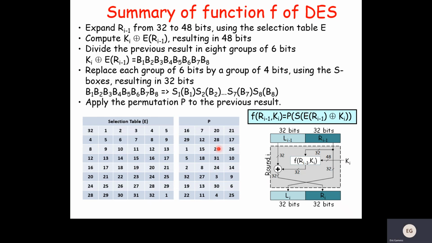And then we apply P. After applying P, the result will be 32 bits. So these 32 bits, I'm going to XOR them with the 32 leftmost bits of the previous iteration, and that will be my output of iteration i and the input of iteration i plus 1, okay?